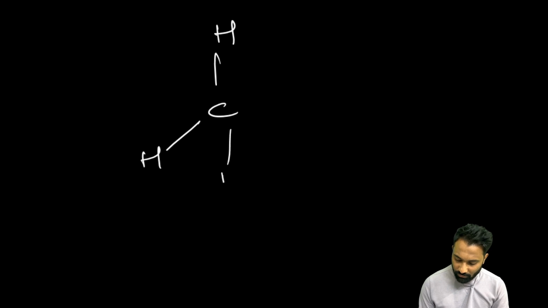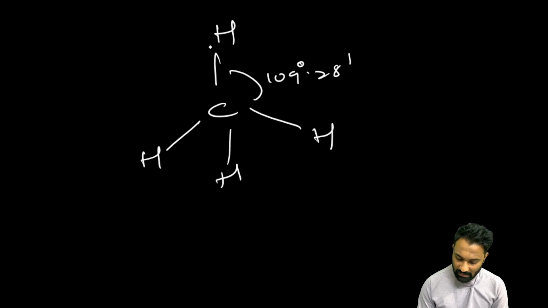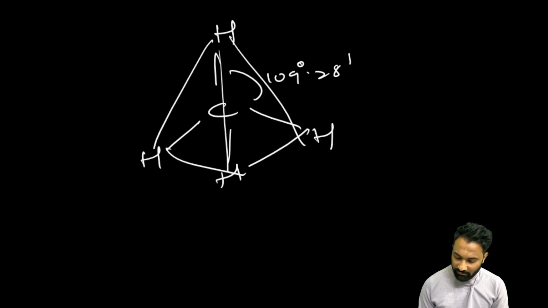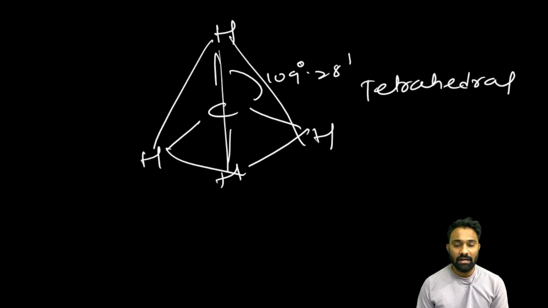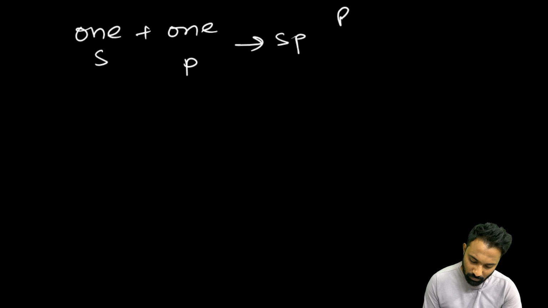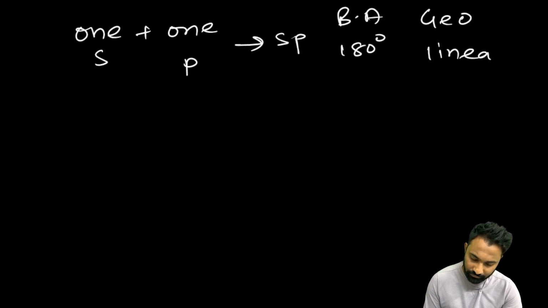Now sp3 we have already seen. For sp3 carbon, with hydrogens attached, the bond angle is 109 degrees 28 minutes, and the geometry is tetrahedral. Clear? Now all three we will study on one page. First, 1s 1p leads to sp, bond angle 180 degrees and geometry linear.